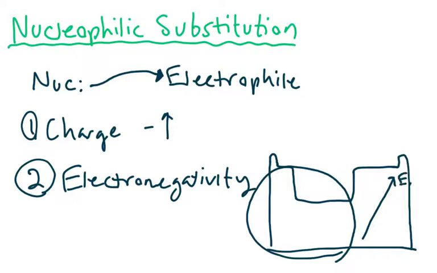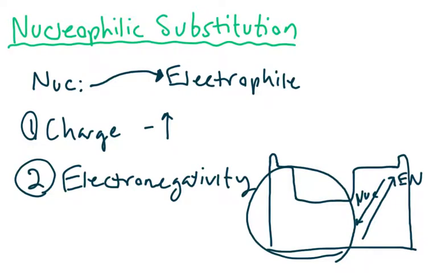So I'm going to call this electronegativity. So, by that logic, nucleophilicity goes up in the other direction. And so the two parts of this that I was talking about is that nucleophilicity increases down the table, and nucleophilicity increases toward the left of the table.